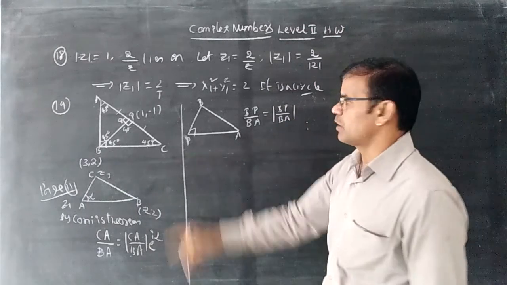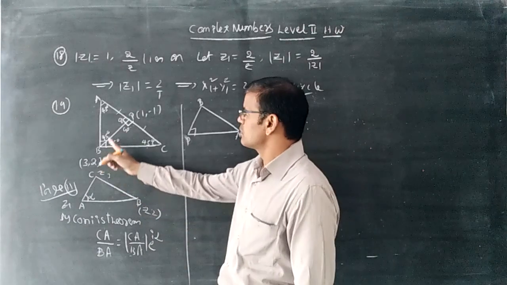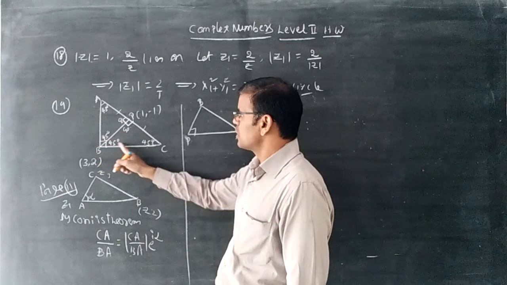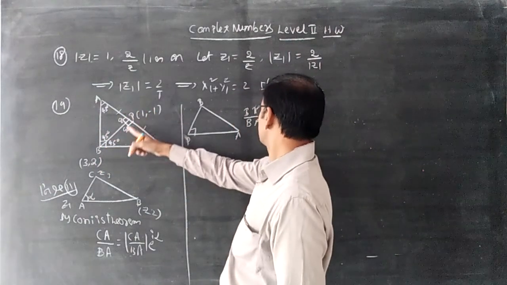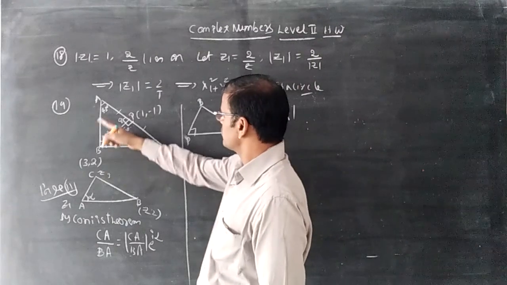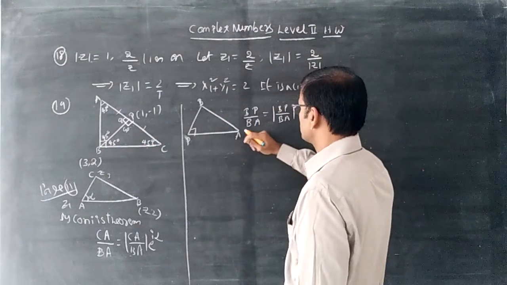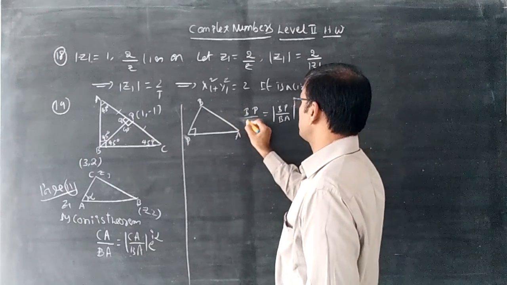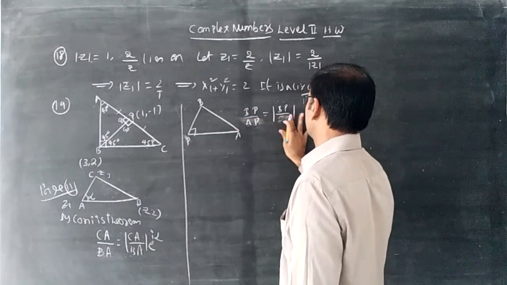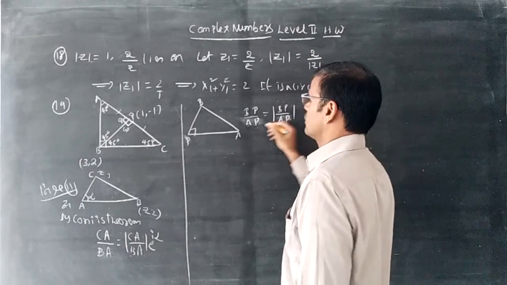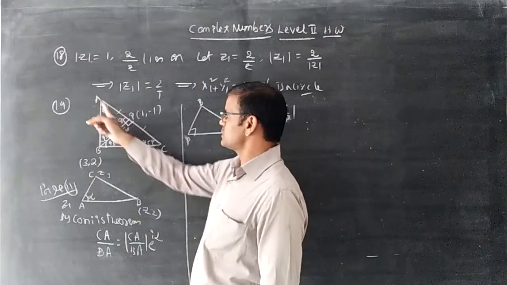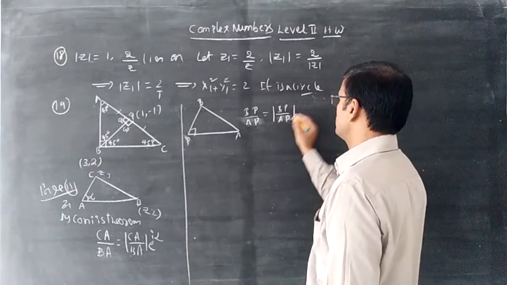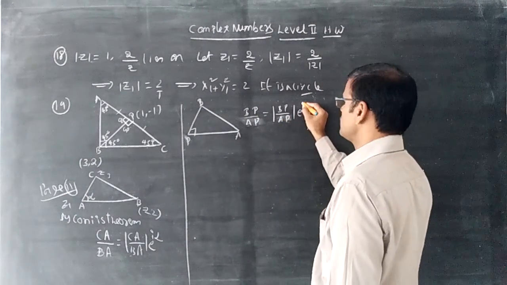Here BP and angle 45 opposite, and PA. Angle, not BA. BA is not, PA is not. BP by AB or PA you take. AB 45 opposite and BP 45 opposite. So BP by AB you can mention: modulus of BP by AB into e power i.